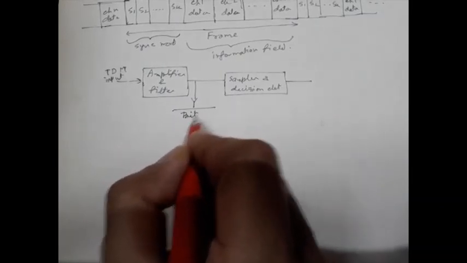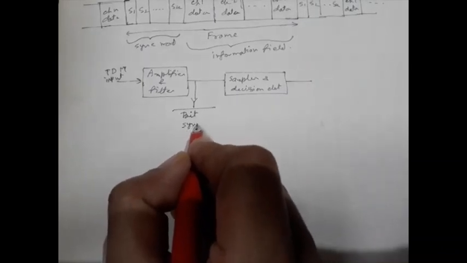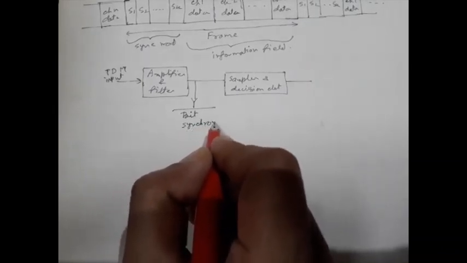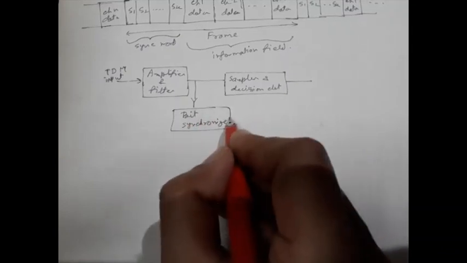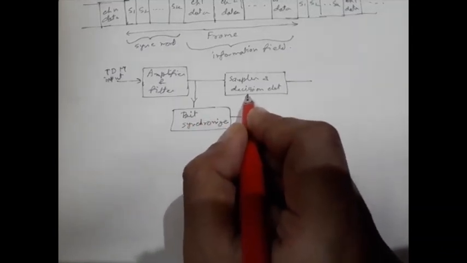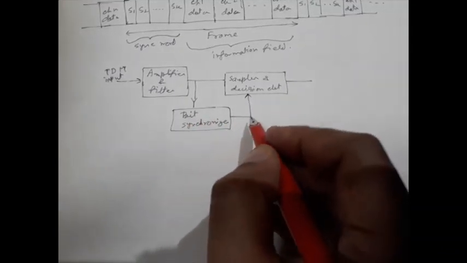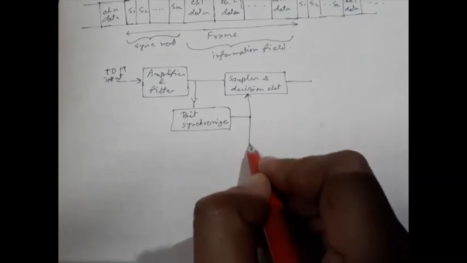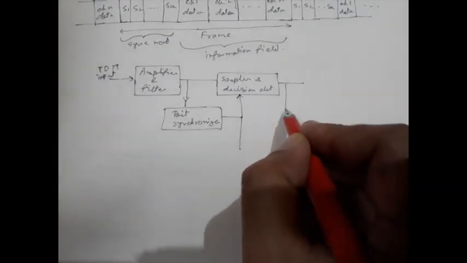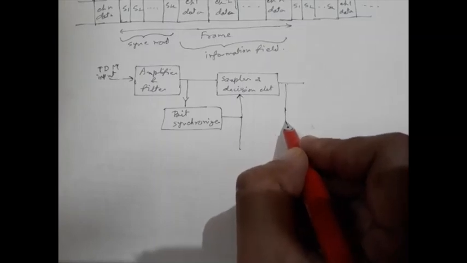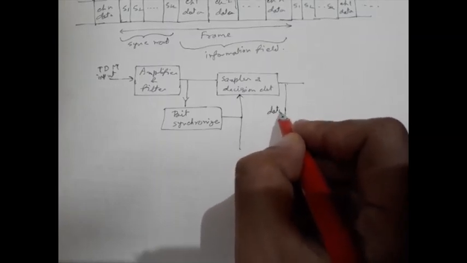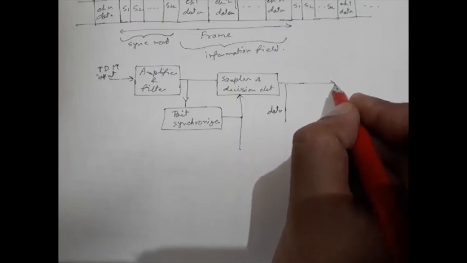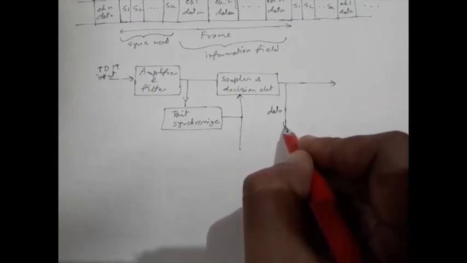So we need a bit synchronizer. That bit synchronizer will extract the clock. Now we have the actual data.